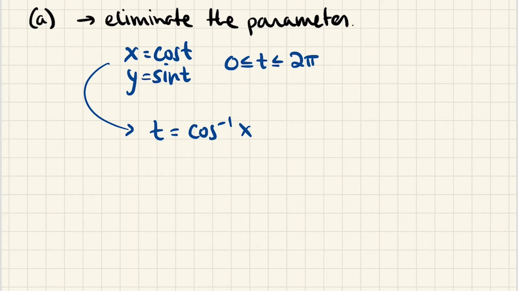For instance, we understand that the inverse cosine function outputs t values in only this range, 0 to pi, right? The first two quadrants. So we would have to make some adaptations to manage the second half of our t values from pi to 2 pi.